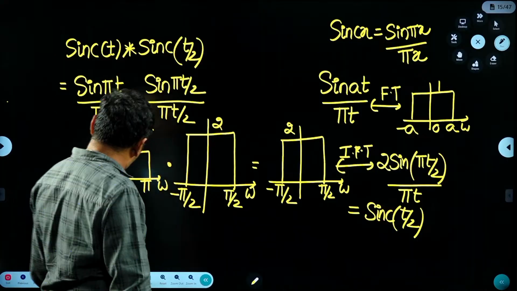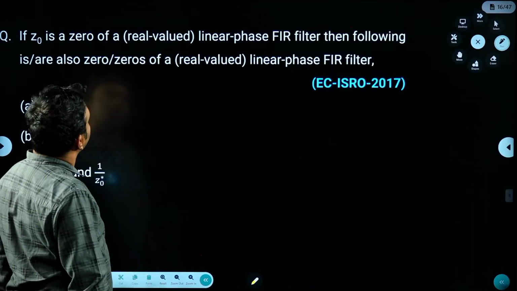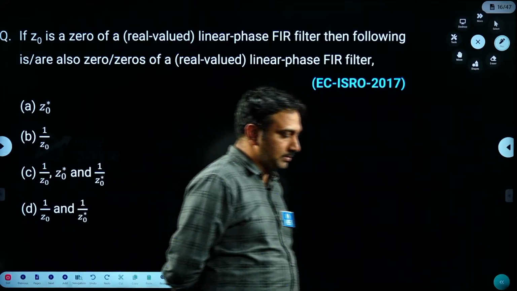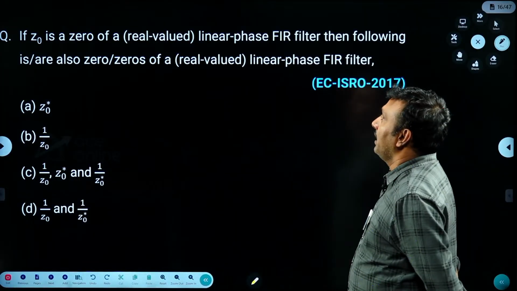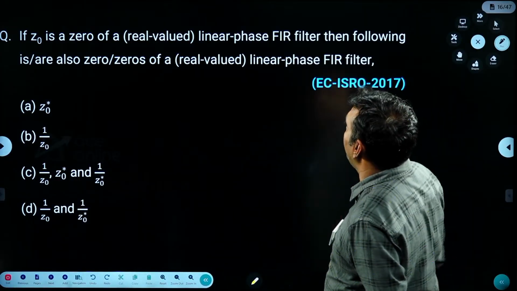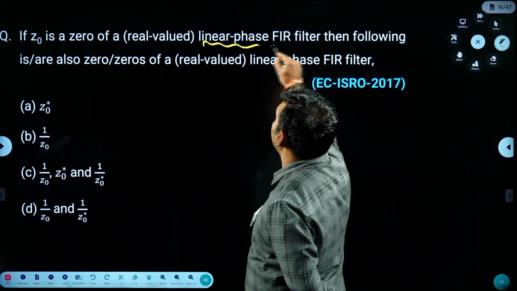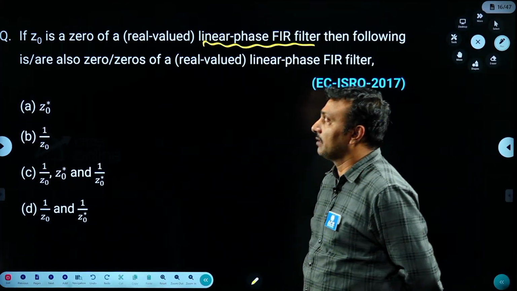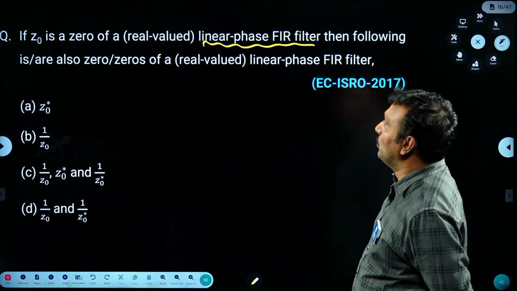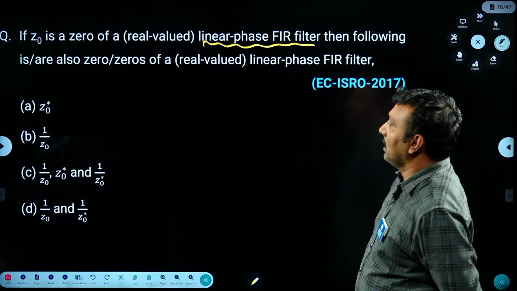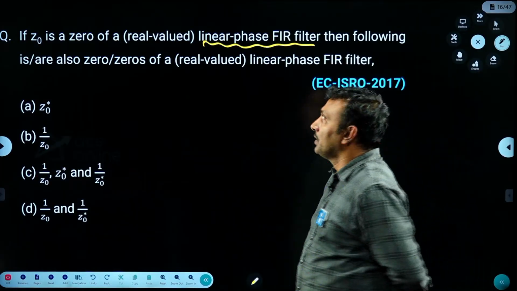Okay, let us see the next model. For a linear phase FIR filter, if Z0 is a zero, what are the other zeros that are possible?